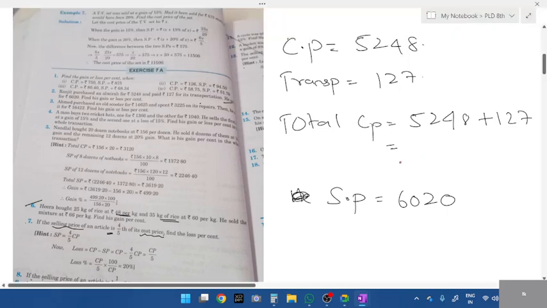So you have to compare total cost price and total selling price. Complete this. Tell me whether it is profit or gain, I mean profit or loss. Add, how much is 5,248 plus 127? What's the total cost price?